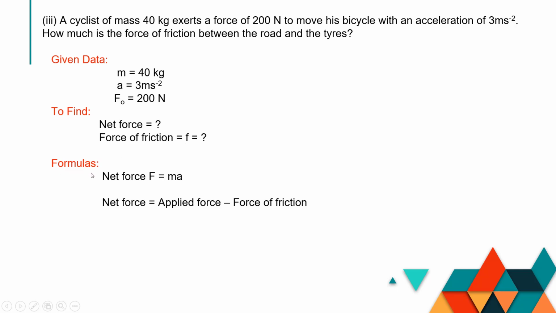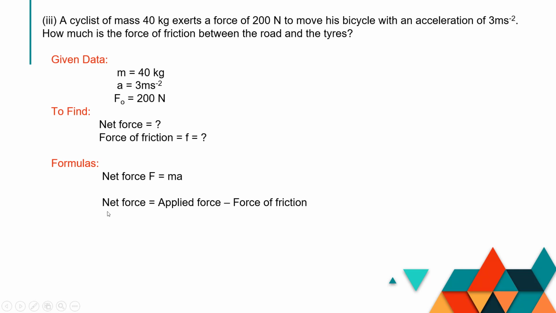You have to apply two formulas in this problem. Firstly, you have to calculate the net force, capital F, which is equal to ma, as we are given both the values of mass and acceleration. So you can easily find the net force by putting the values in this formula.